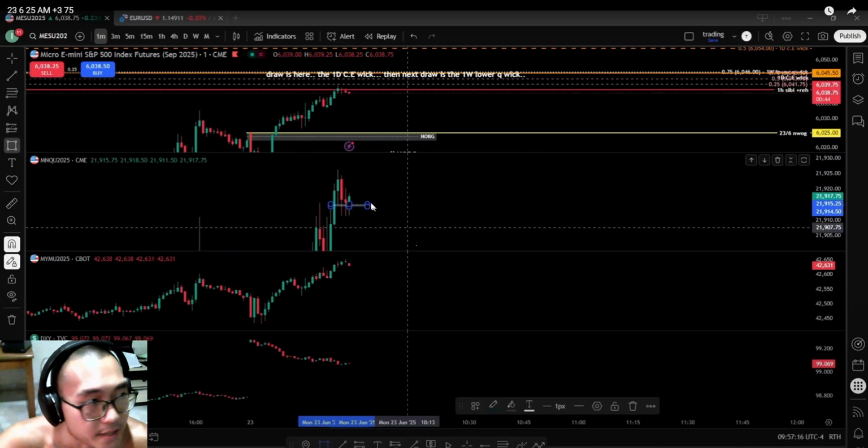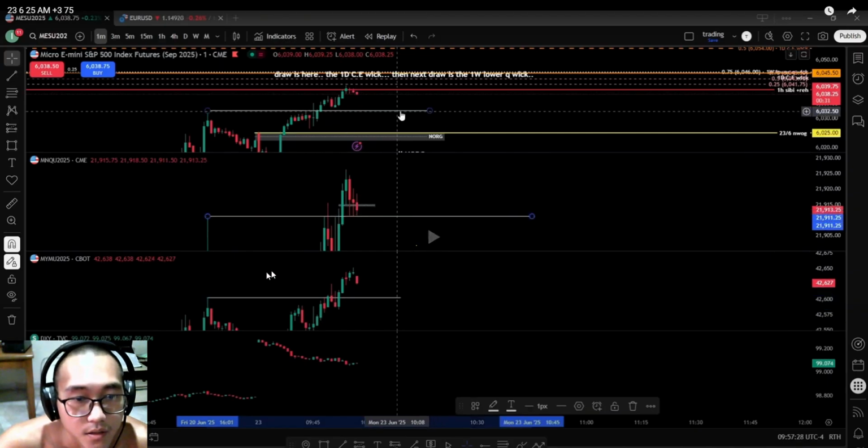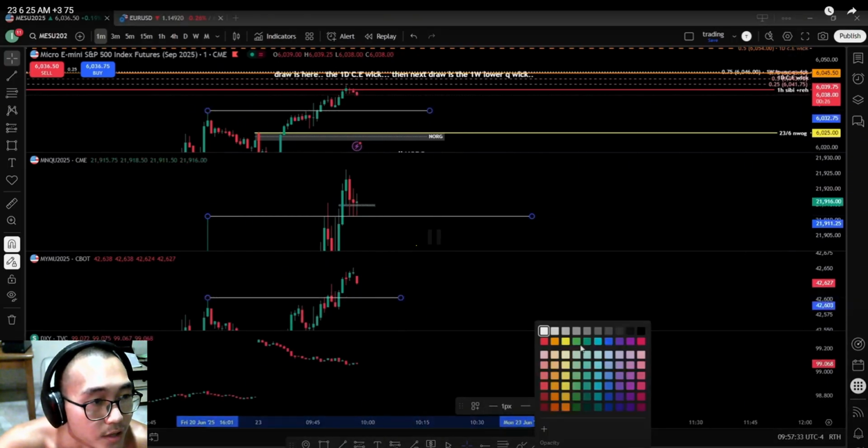So nothing much looking at Nasdaq, looking at Dow, and looking at dollar as well. So dollar, I want to see price continue to go lower, and as for Dow, Nasdaq and S&P, I want to see them continue higher. If you see this swing high here, it is all at the same time.